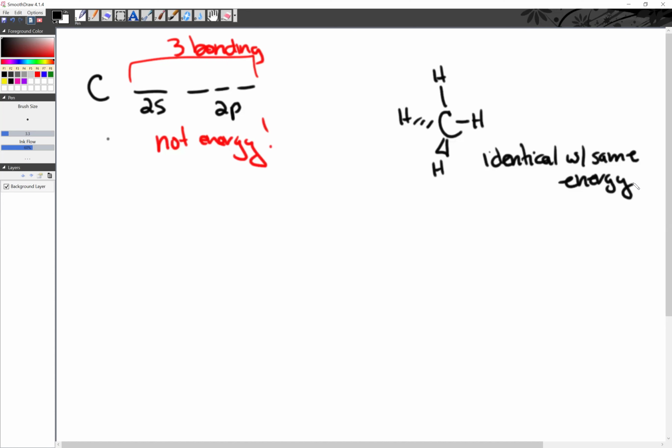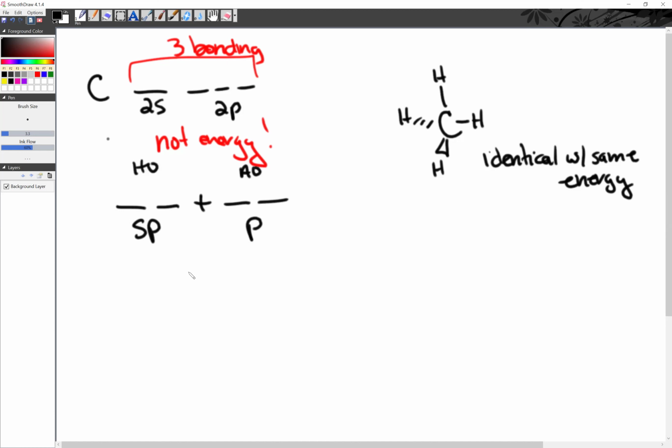We can't use the atomic orbitals because that's just dealing with the atom. So the hybrid orbital theory says if there's the potential of a bonding place, it's going to hybridize. So it's no longer going to be just an s or just a p. They're going to turn into hybrids. If we use 2 of them, we call it sp, and then the leftover p's.